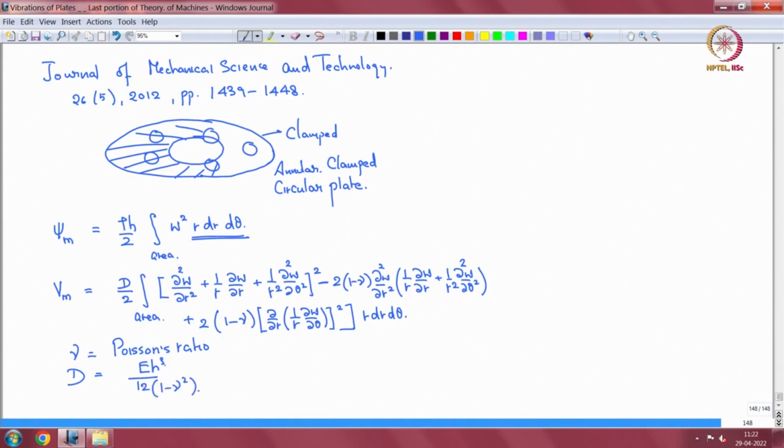Okay, and what sort of functions, how do you choose the functions now? It's an annular plate, so this is the inner radius, this is the outer radius. So let me write that way you choose first.